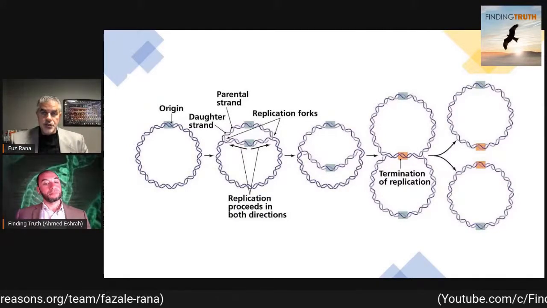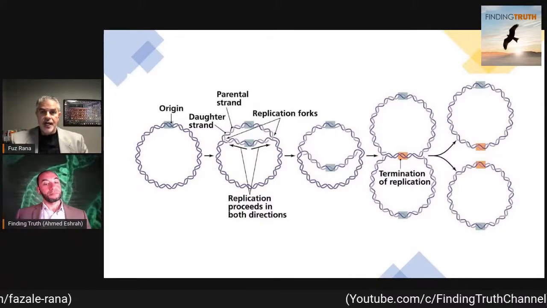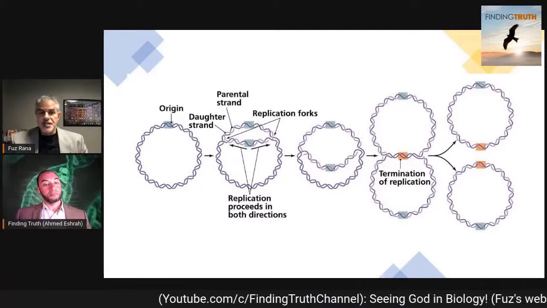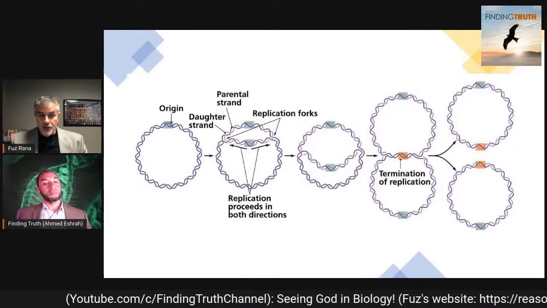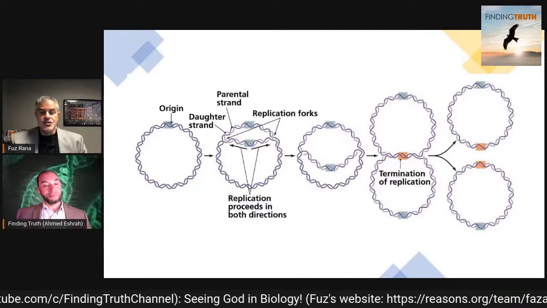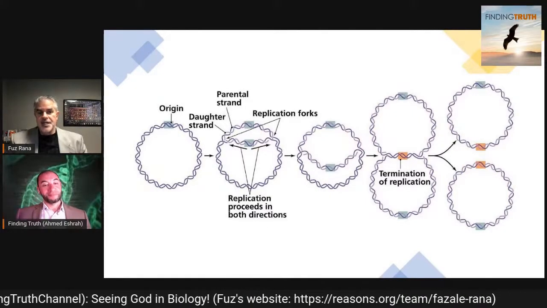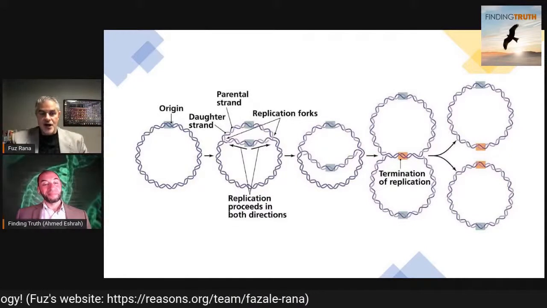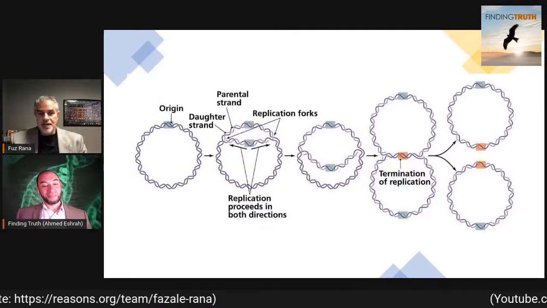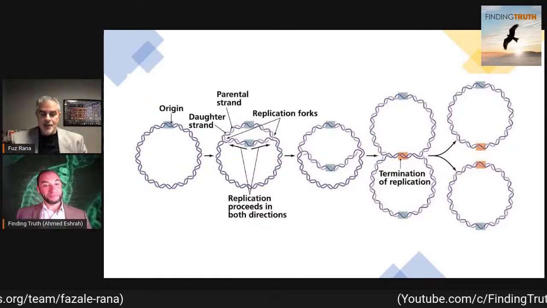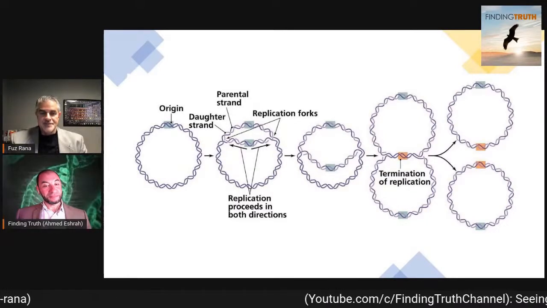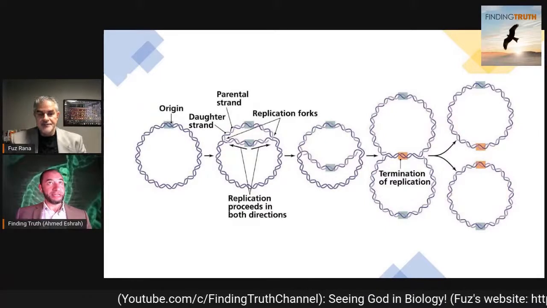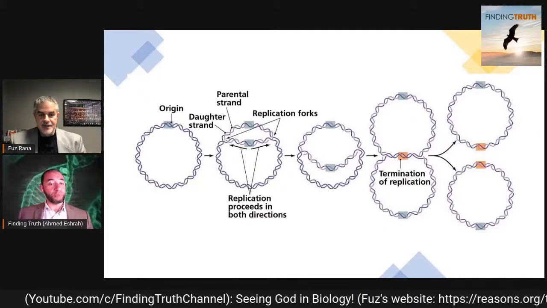There, in order to have replication occur in a timely fashion, and again in conjunction with the cell cycle, you have to have multiple origins of replication. So when it's time to replicate the DNA, there are multiple origin sites along the same DNA molecule. So it's a way of being able to replicate that massive amount of DNA. So it's like parallel processing in computer systems.